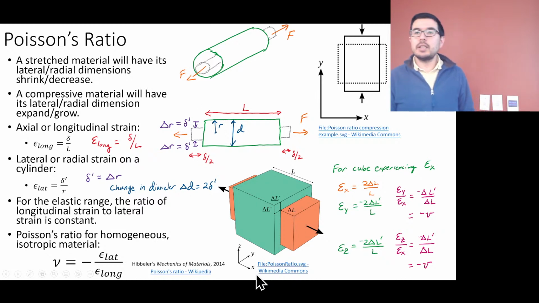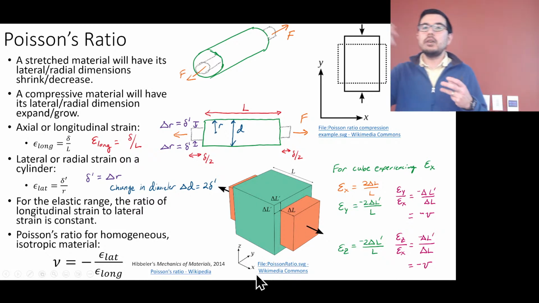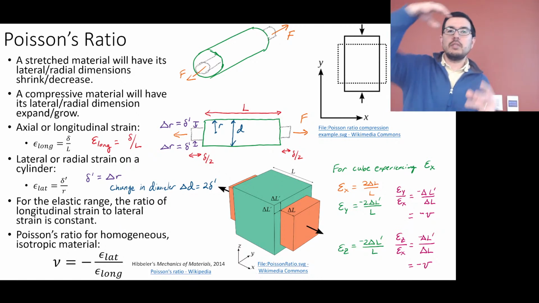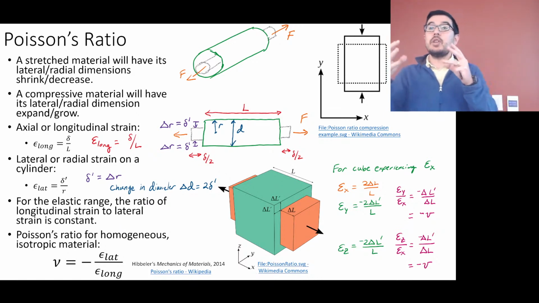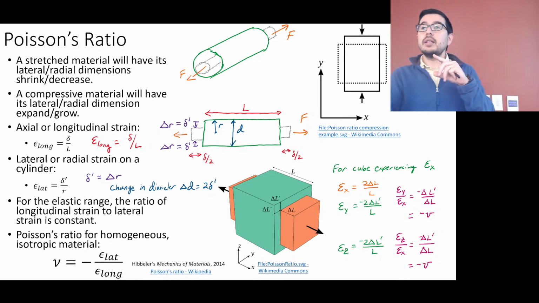Before, we started with just a cylinder, which is typical, and you say this is how much the radius changes, and it changes in every dimension. But now if we have a cube, we see that there's an effect.